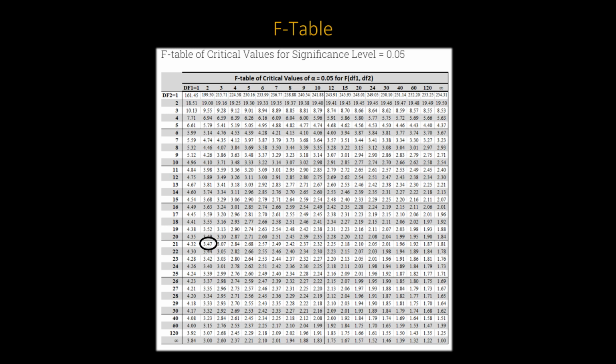The table at the top signifies that this table has a probability of 5%, which translates to a 95% confidence level, with DF1 being 2 degrees of freedom and DF2 being 21 degrees of freedom. We have an F critical value of 3.47 and would be represented as F critical, DF1 equals 2, DF2 equals 21, and 95% confidence, 3.47.